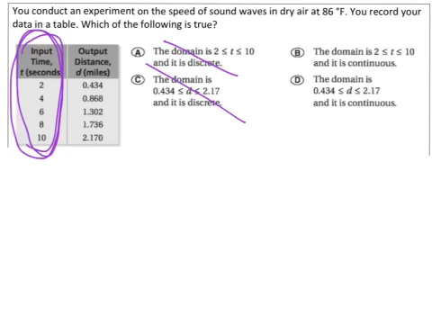Now we're actually talking about the range that we have for the domains, what numbers we have. We have from 2 to 10. So now I'm going to decide, okay, which works with it, and it is B. The domain is greater than or equal to 2, less than or equal to 10, and it's continuous.